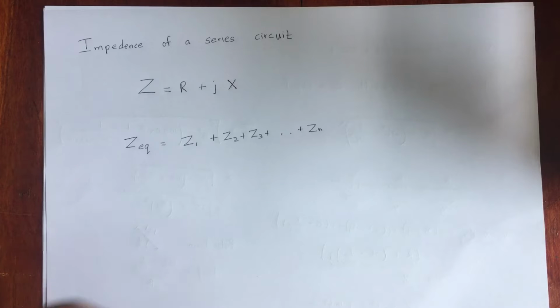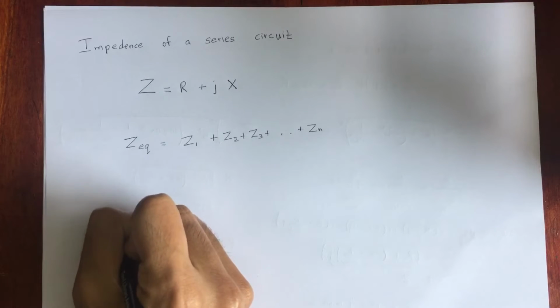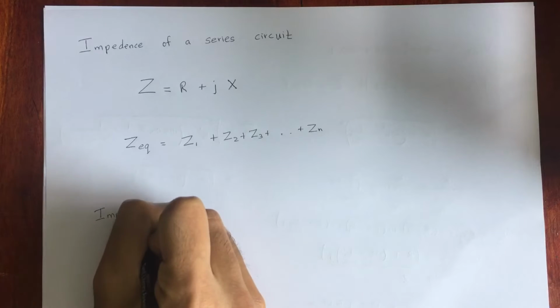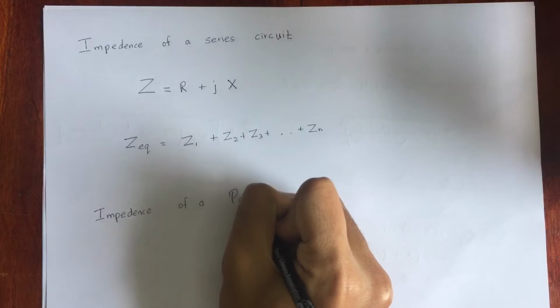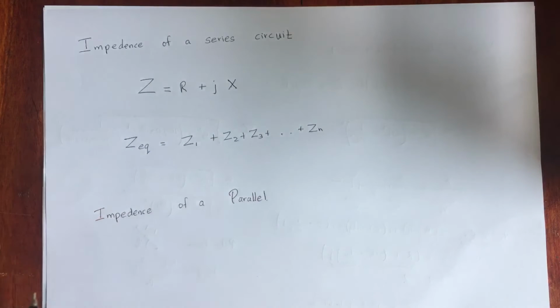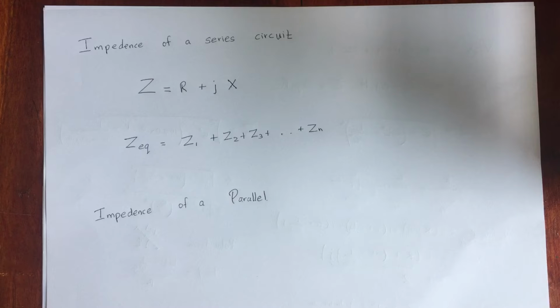Likewise, when we are considering the impedance of a parallel circuit, we can tell this directly. It's similar to the resistance in a parallel circuit. When we consider resistance, we already knew that 1 over R equivalent equals 1 over R1 plus 1 over R2 plus up to 1 over Rn.